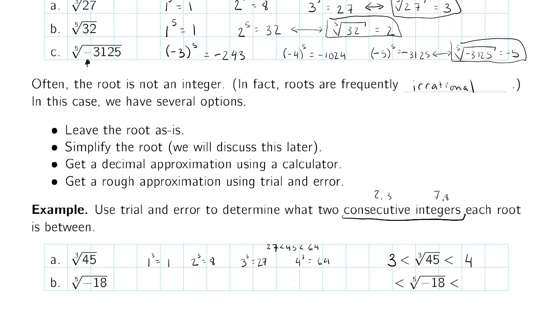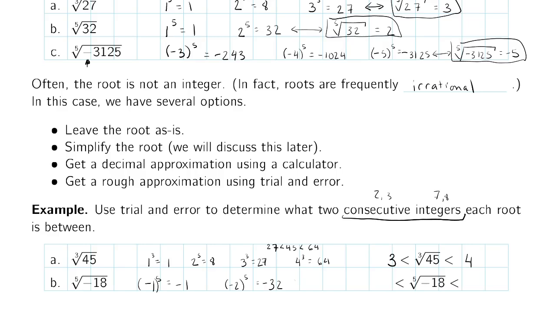What about the fifth root of negative 18? Well, negative 1 to the fifth is negative 1. Negative 2 to the fifth is negative 32. Oh, but negative 18 is already in between there.